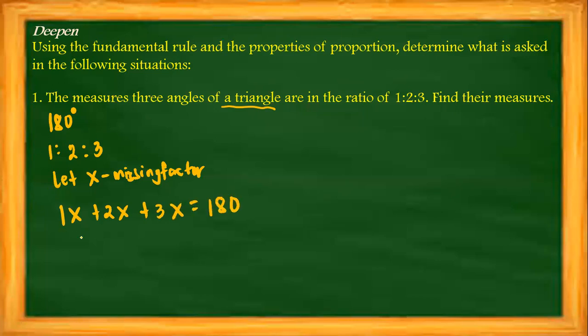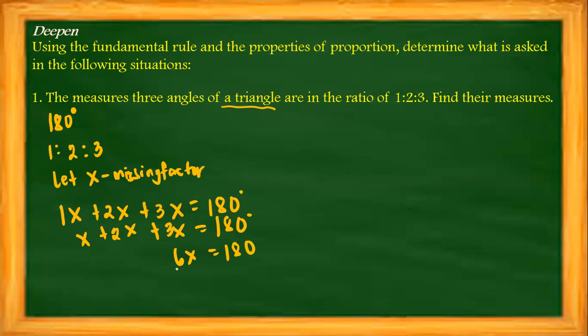So 1x can be written as x plus 2x plus 3x is equal to 180 degrees. We need to add these three angles to compute the missing factor so that we can solve the three angles.